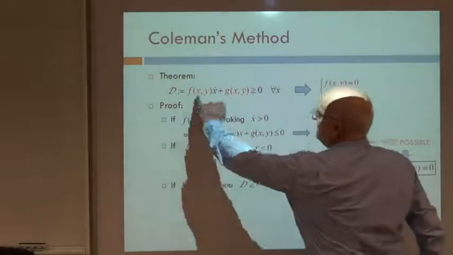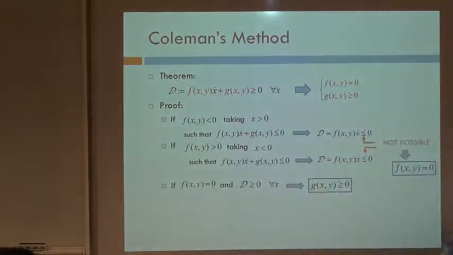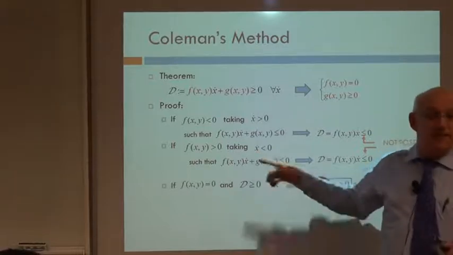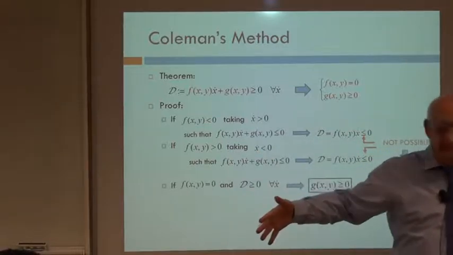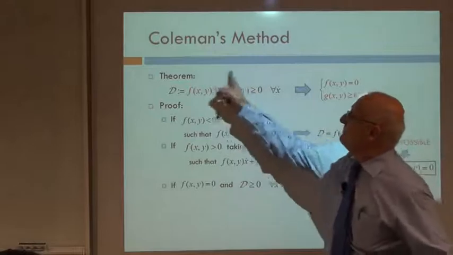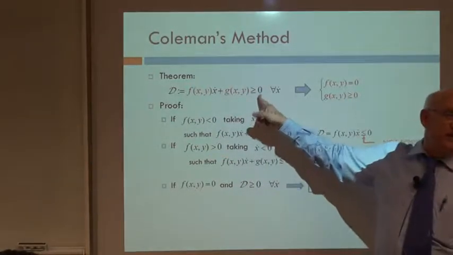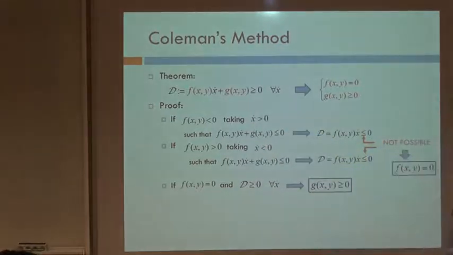On the other hand, let's imagine that f is greater than 0. Then I can always take an x dot negative, but large negative enough, in order to overcome that value and make the sum of these two terms smaller than 0. This contravenes the original statement.